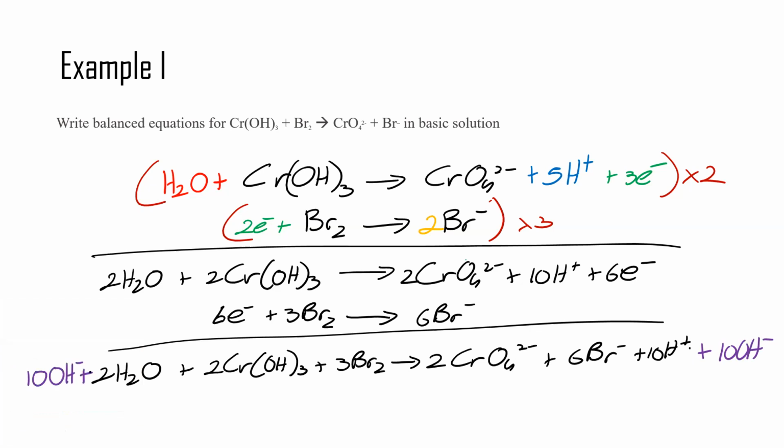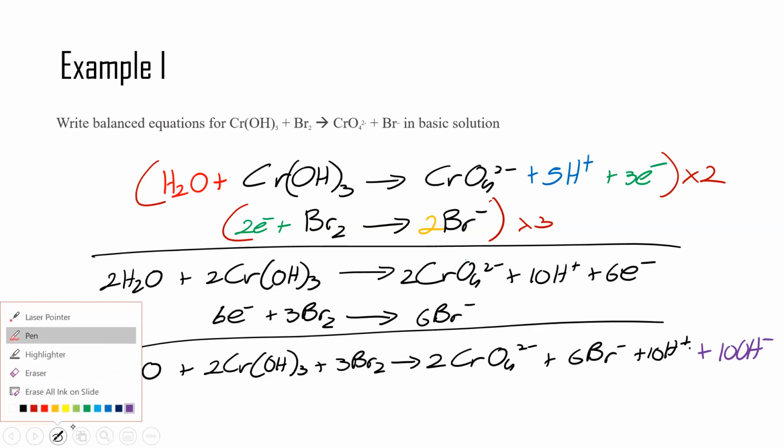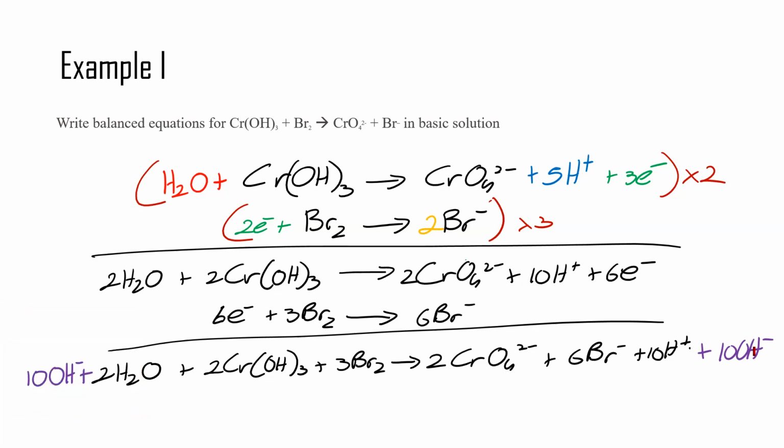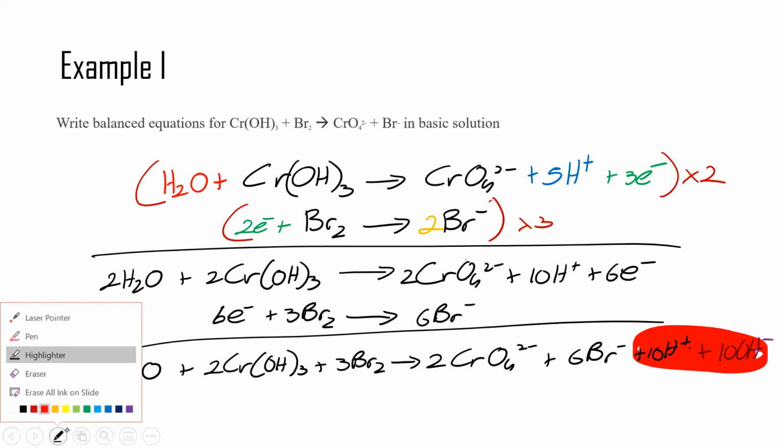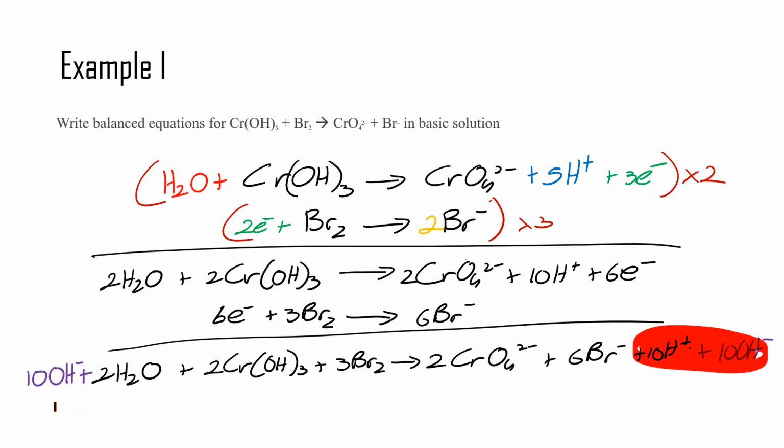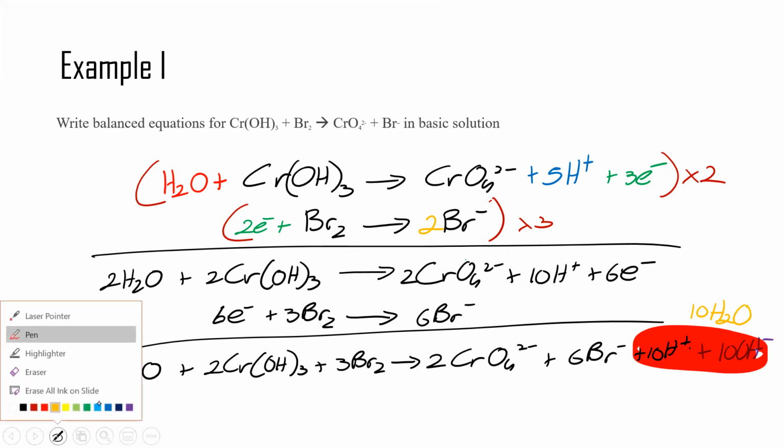These are going to cancel out to give 10 water. And those 10 waters will then cancel out with the waters that were present when it was under acidic conditions, to give the final answer.